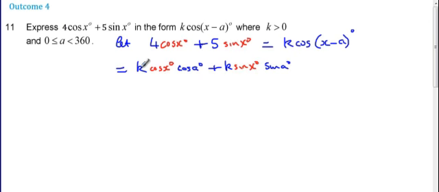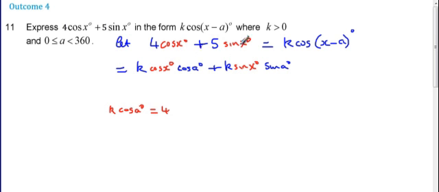Now comparing the left hand side and the right hand side, you see that 4 is multiplying cos x on the left hand side, k cos a is multiplying cos x, so k cos a must be the same as 4.